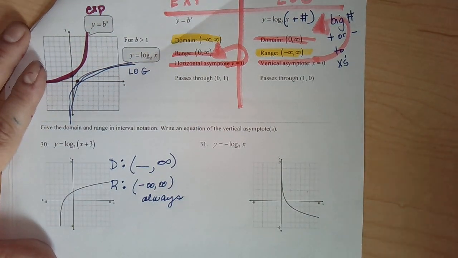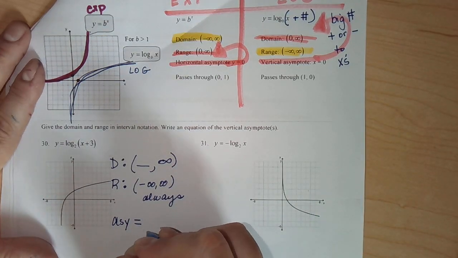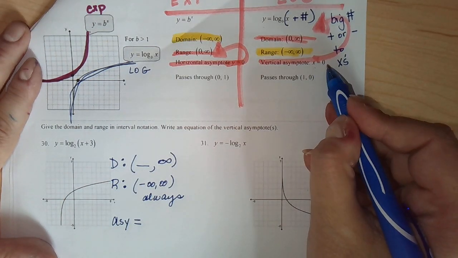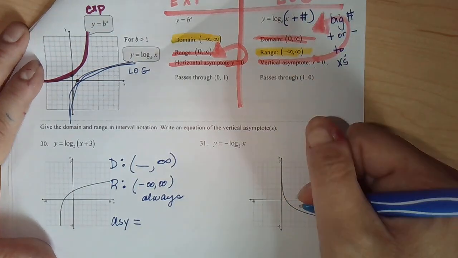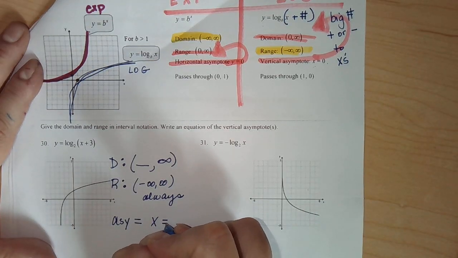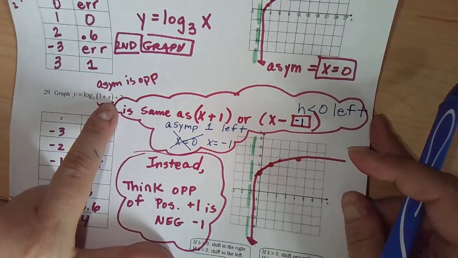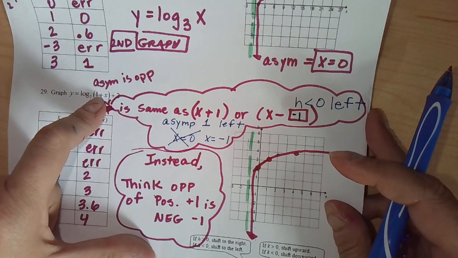It says find the asymptote. What's our asymptote? It's x equals whatever the number is from your domain, or the big number that's being added or subtracted to your x's. So our asymptote is x equals, hey, we would say 3, but let's remember on that last page, our asymptotes from the logs don't come directly from the number inside the parentheses.